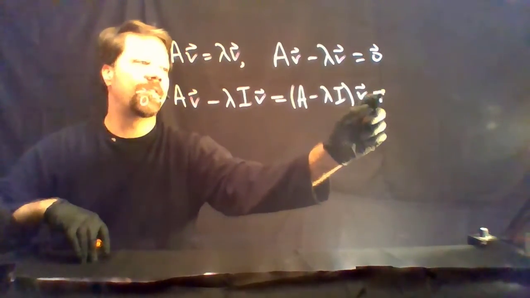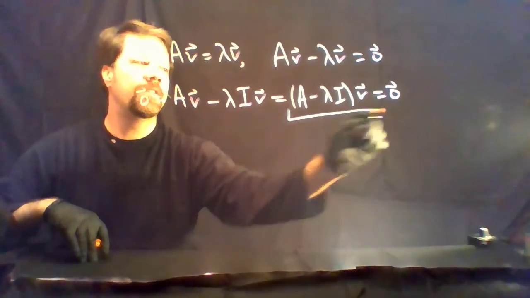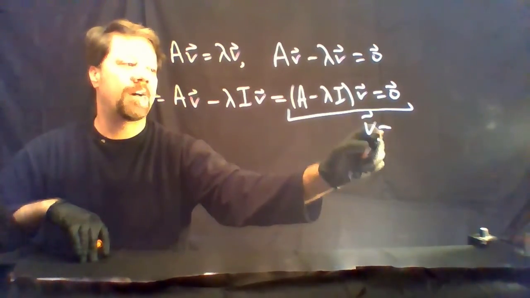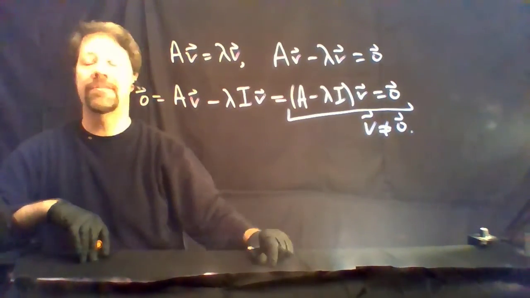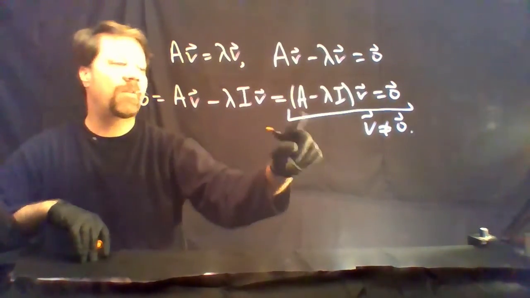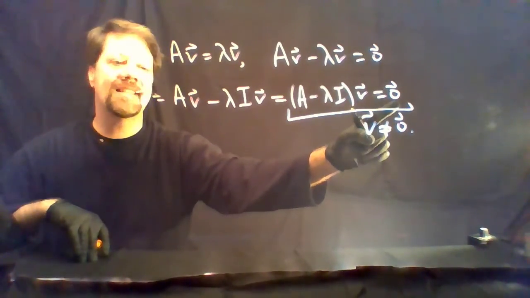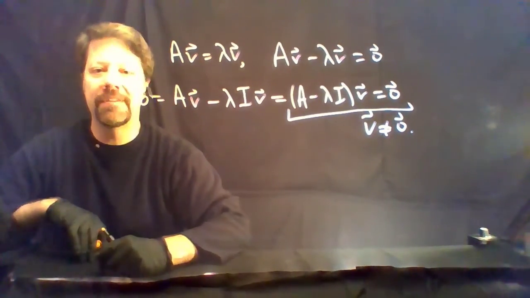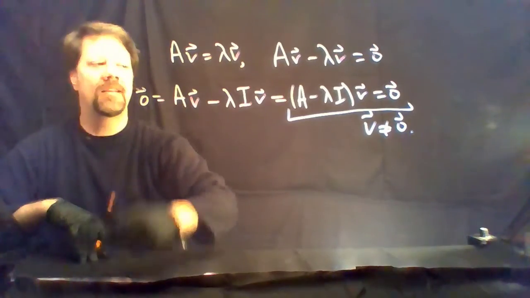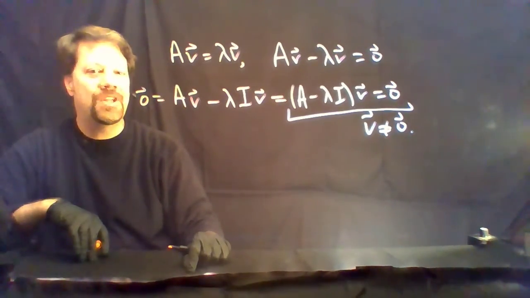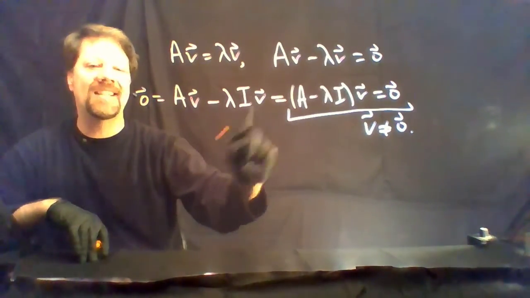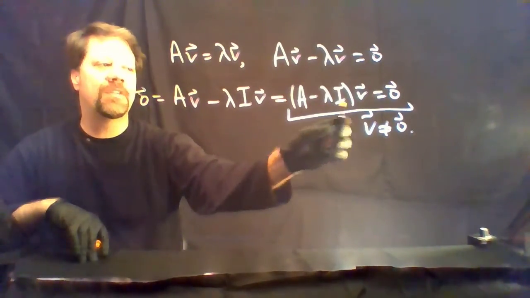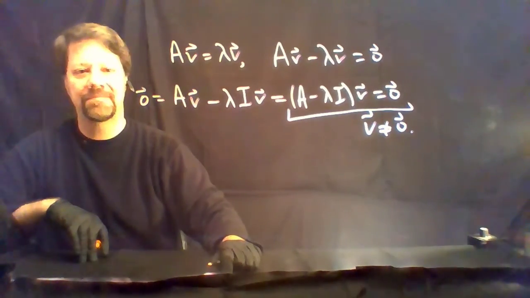So you can see now that we have to solve systems of equations like this, where v, by hypothesis, is not a zero vector. What we have here is a homogeneous linear system of equations where we're looking for a non-trivial solution. Remember, a homogeneous linear system of equations has a non-trivial solution if and only if the coefficient matrix is singular.